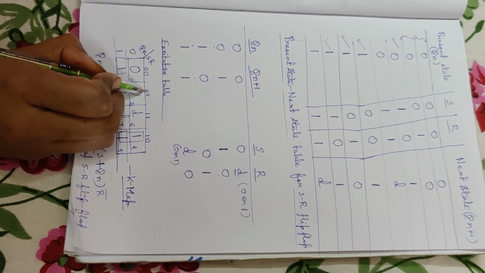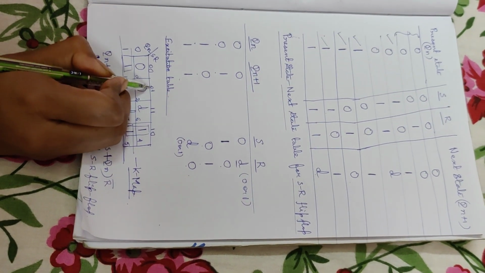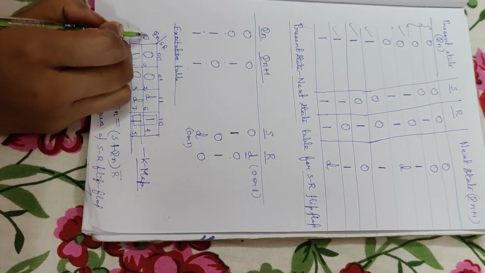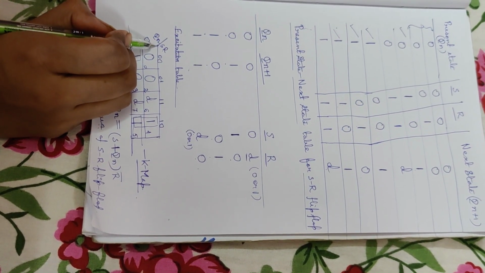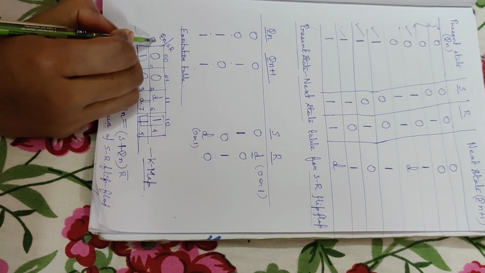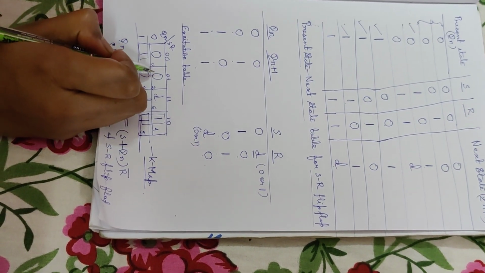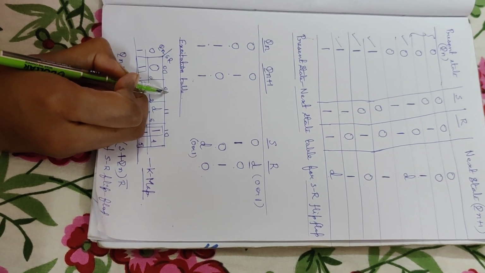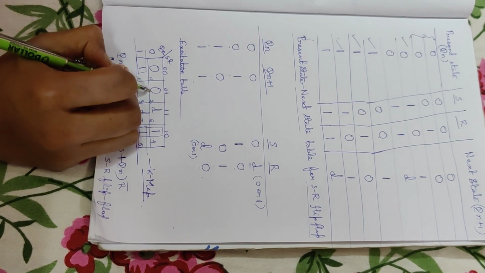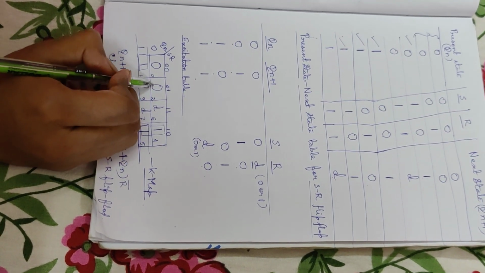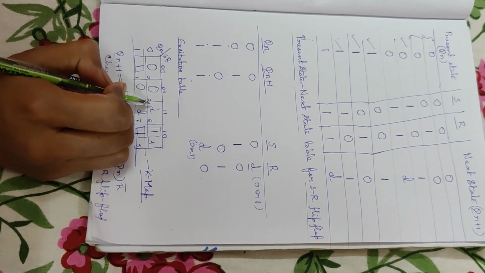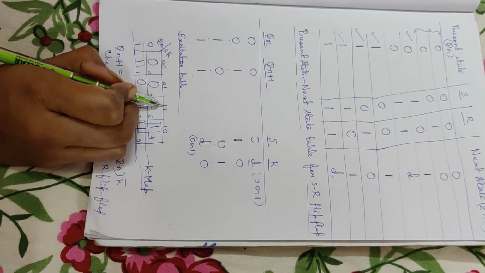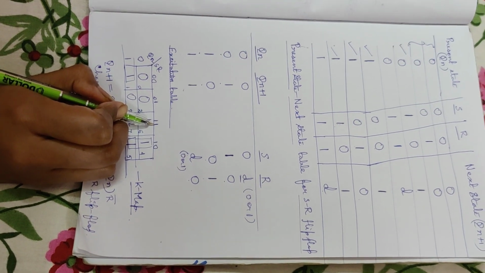Now we are giving S equal to 0, R equal to 1. When S equal to 0, R equal to 1, and the value of Qn, that means the present state value, is 0, then its output will also be 0, as the value of R is 1. So Qn plus 1, or the next state output value, is 0 here. Now coming to the condition when both the inputs S and R are 1.